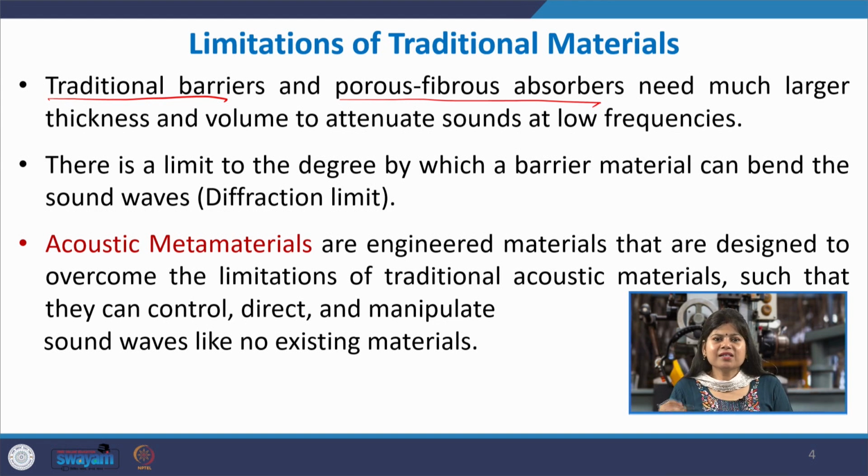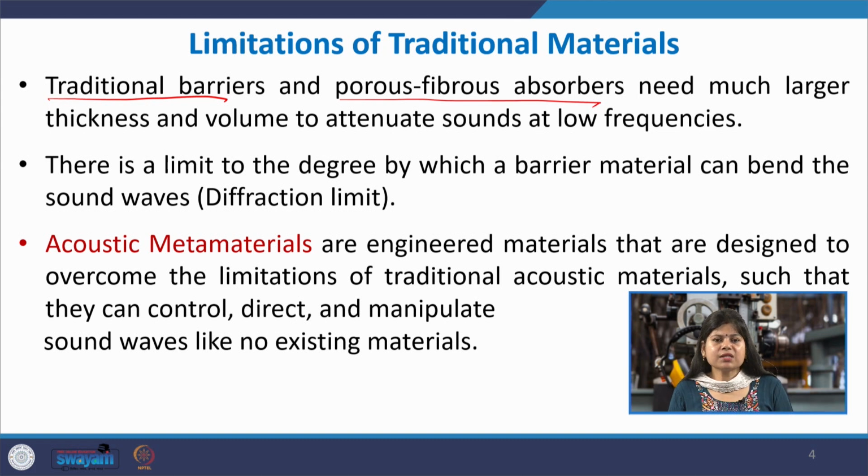Because in order to interact with these low frequency sounds, they should be able to interact as much as possible with them and be able to attenuate them or dissipate their energy.